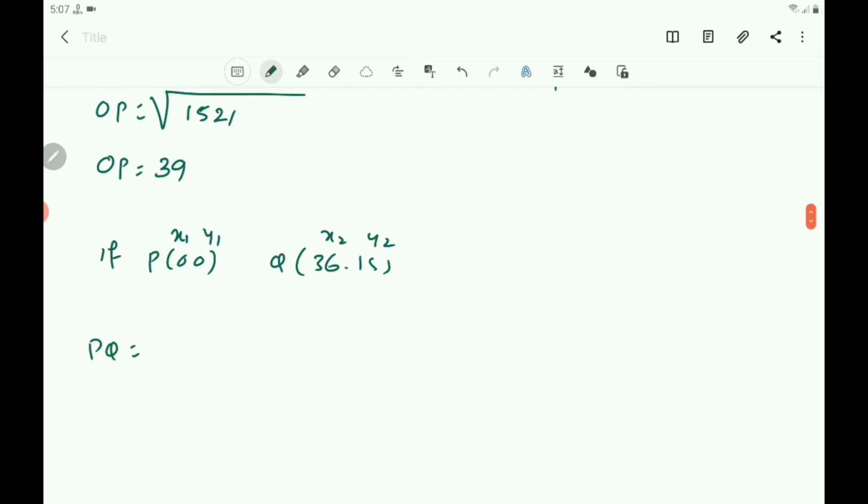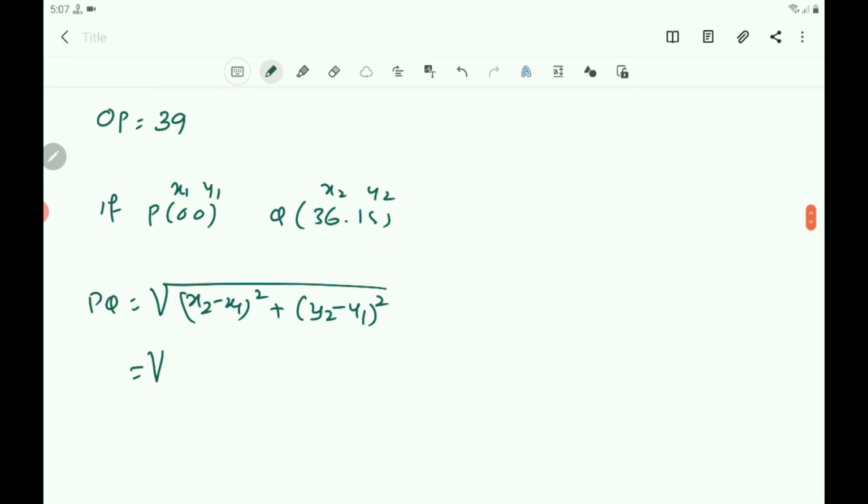Then PQ equals whole root x2 minus x1 whole square plus y2 minus y1 whole square, equals whole root 36 minus 0 whole square plus 15 minus 0 whole square.